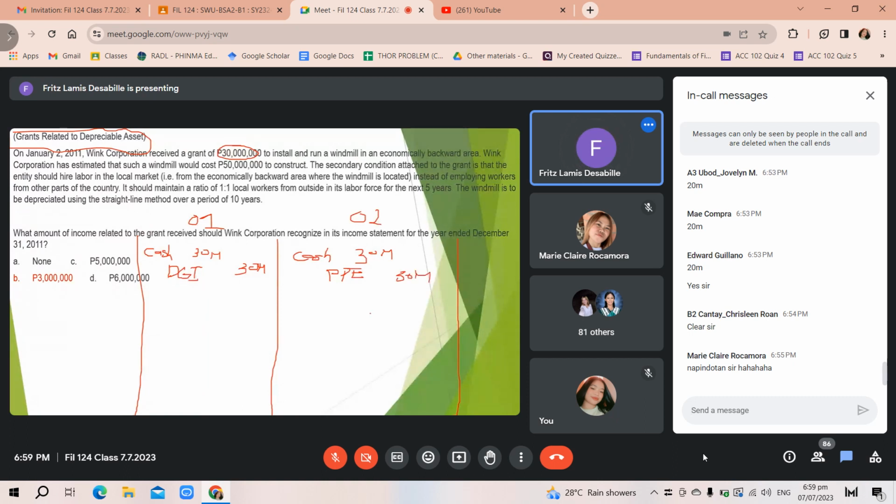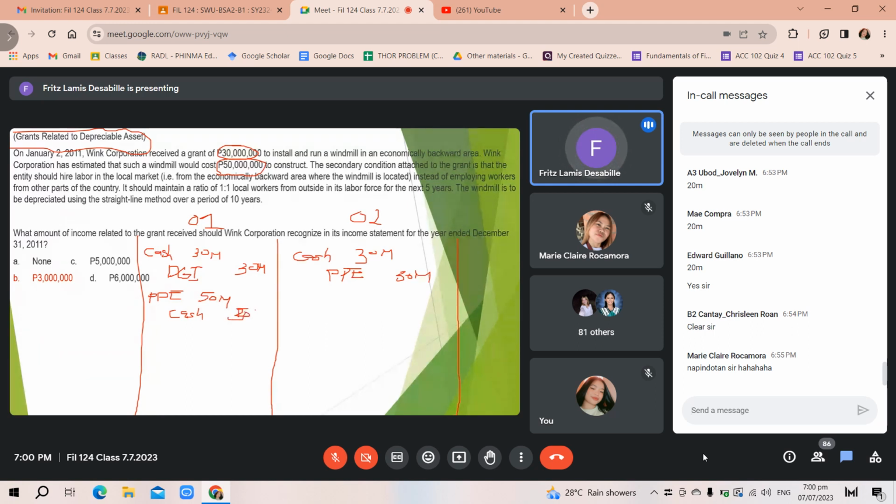30 million. Next, we have now completed constructing the PPE. So our entry is debit property, plant, and equipment. The cost is 50 million. Let's say, for example, we paid for all of it in cash, so credit cash.